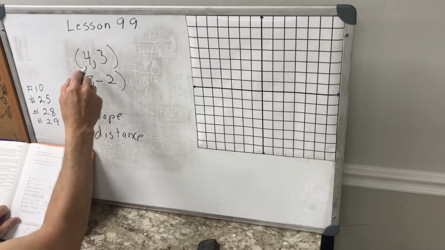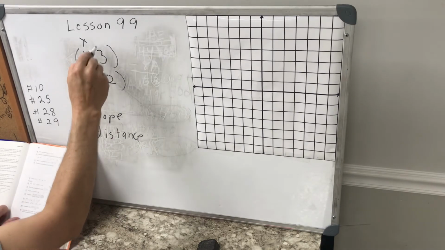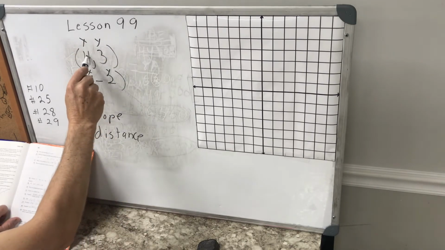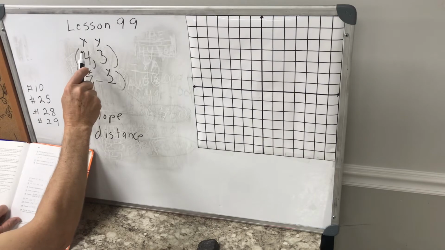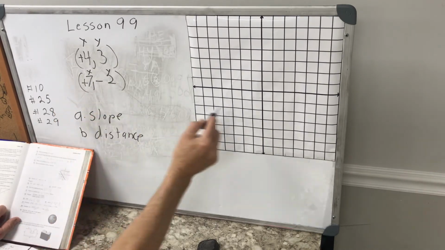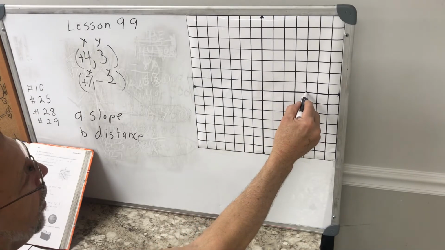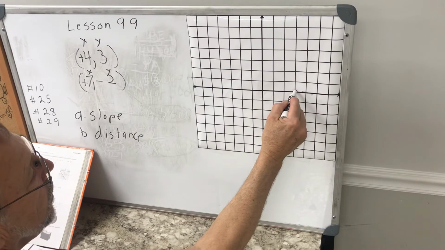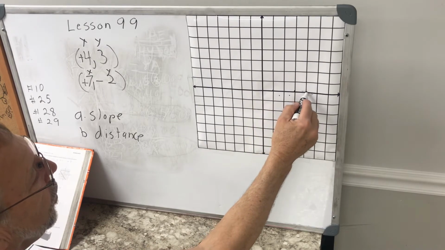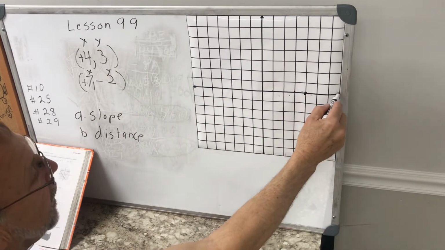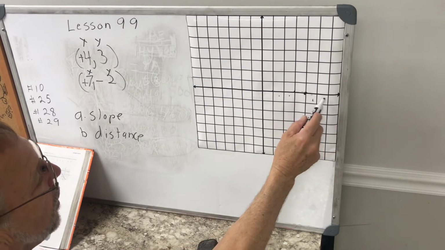Okay, here's what we have. This is X, and this is Y. Remember that? We have on the X a 4 and a 7, both of them positive. Now, what's the distance between the 4 and the 7? 1, 2, 3.